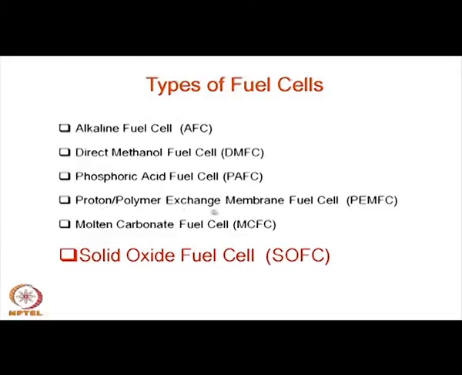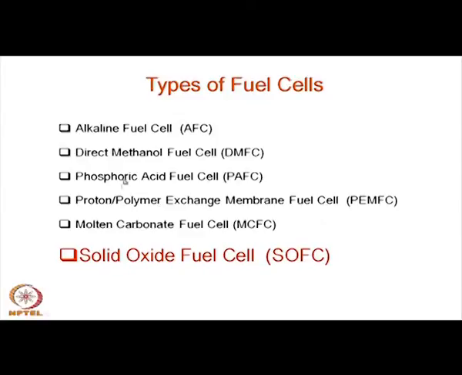The proton or polymer exchange membrane fuel cell, just like the phosphoric acid fuel cell, is also a hydrogen ion conductor, but this is not in liquid form. This is a particular polymer which has a sufficient amount of hydrogen ion conductivity, and that is used as the electrolyte.